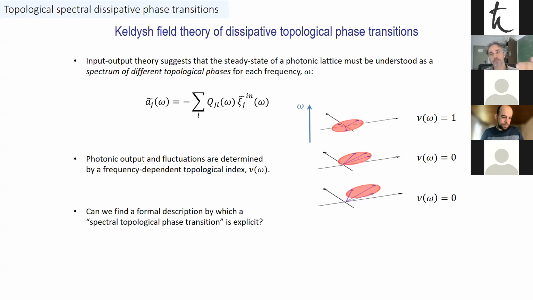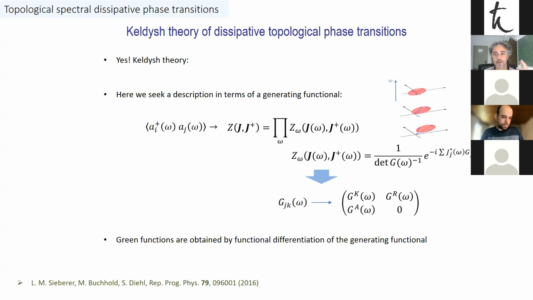This is an idea that intuitively is clear from the input-output formalism, which is solved in frequency space. And we have formalized it by trying to make explicit this description of the system as a product of systems with different photonic degrees of freedom with different frequencies.